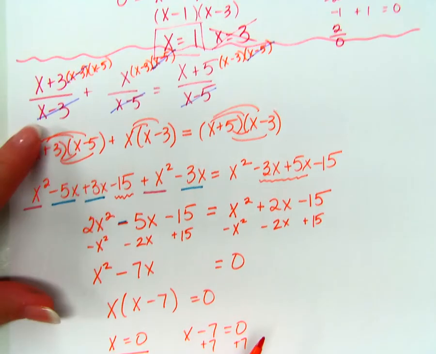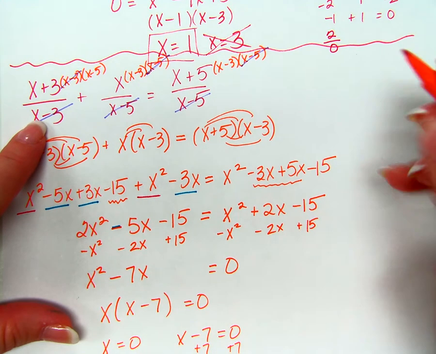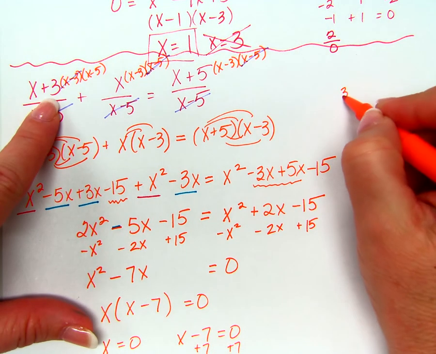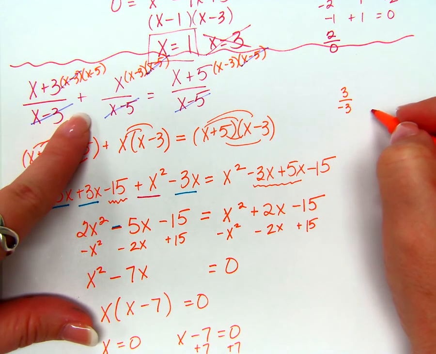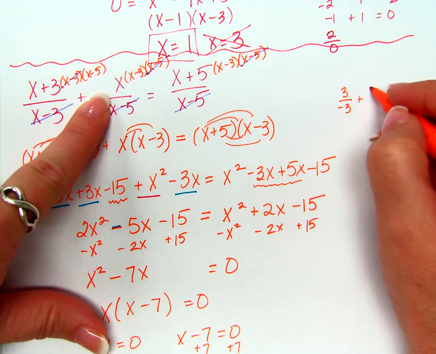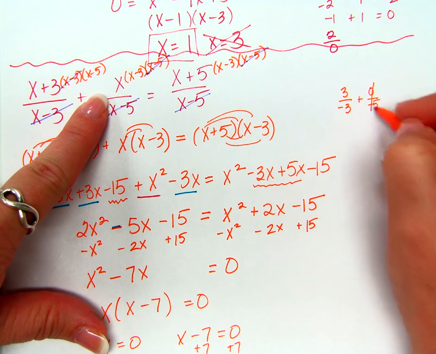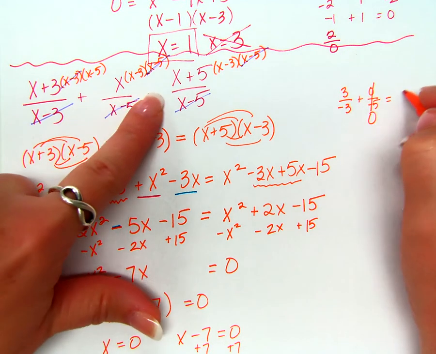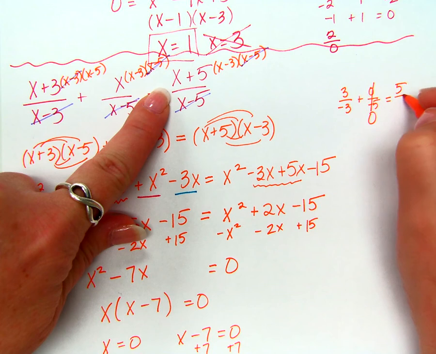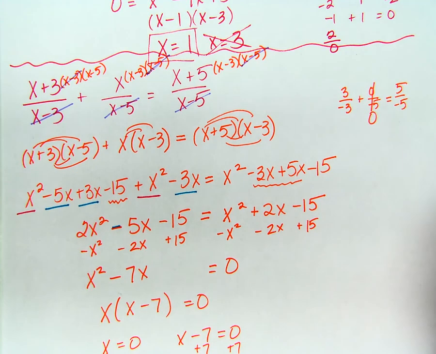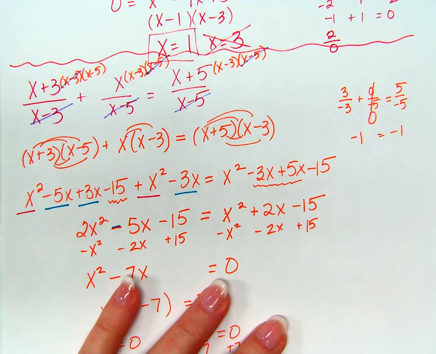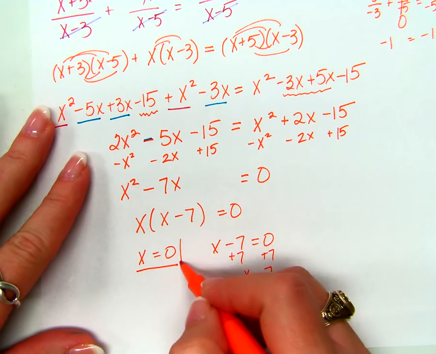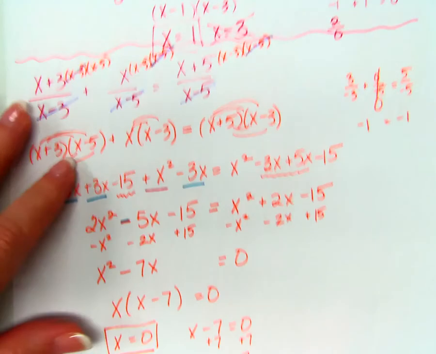So if I put in a 0, let me come back up here and put in a 0. 3 over negative 3 plus 0 over negative 5, so that's just 0, right? Equals 5 over negative 5. That would be negative 1, right? So negative 1 equals negative 1? Yes, it does. So does 0 work? Yes, it does.